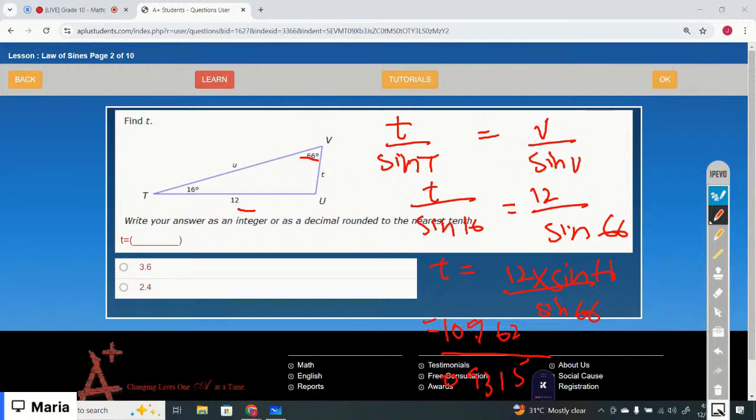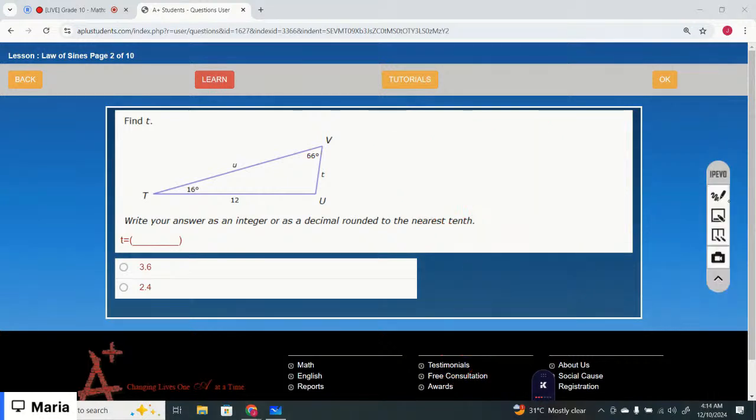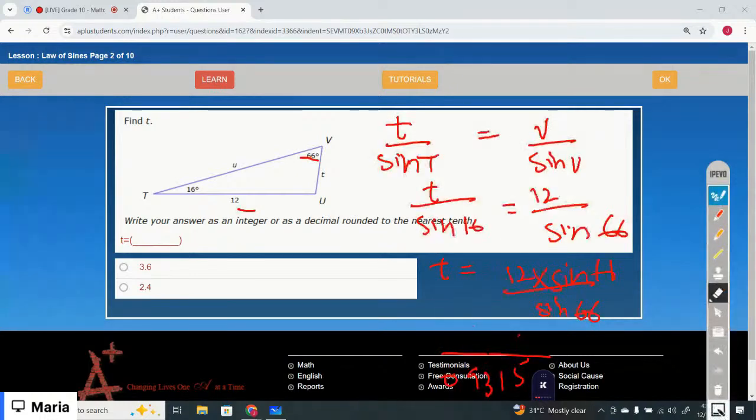hold on, sine 16 times 12. Sine 16 is 0.2756, and 0.2756 times 12 is 3.3072, right?